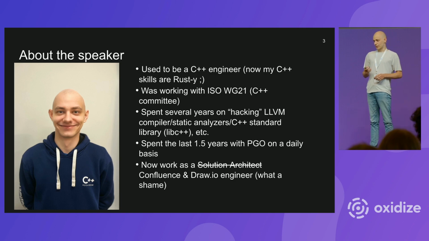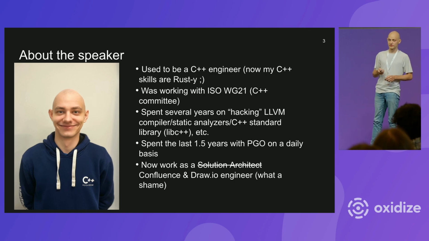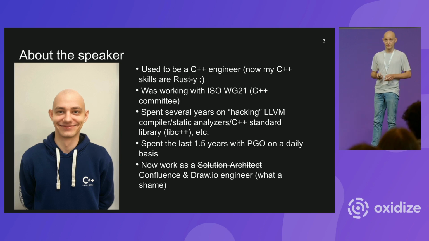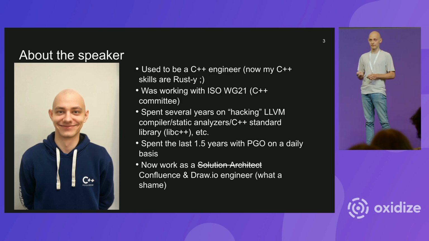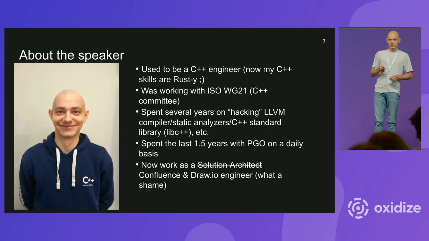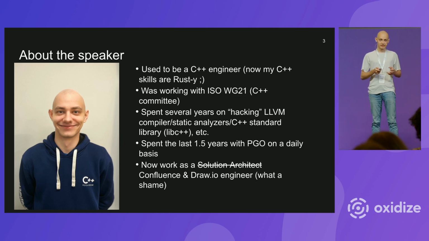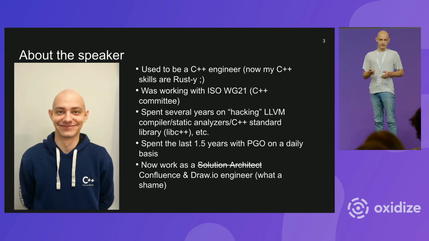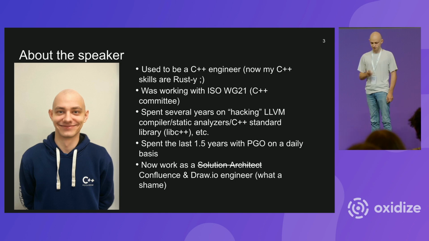I spent the last year and a half with PGO on an almost daily basis, so at least I gathered some experience with this technology, and I want to share it with you. When I was leaving C++, I decided not to switch to Rust professionally and to just stop coding. So for now, I'm just a confident and dry engineer, nothing so interesting to share.